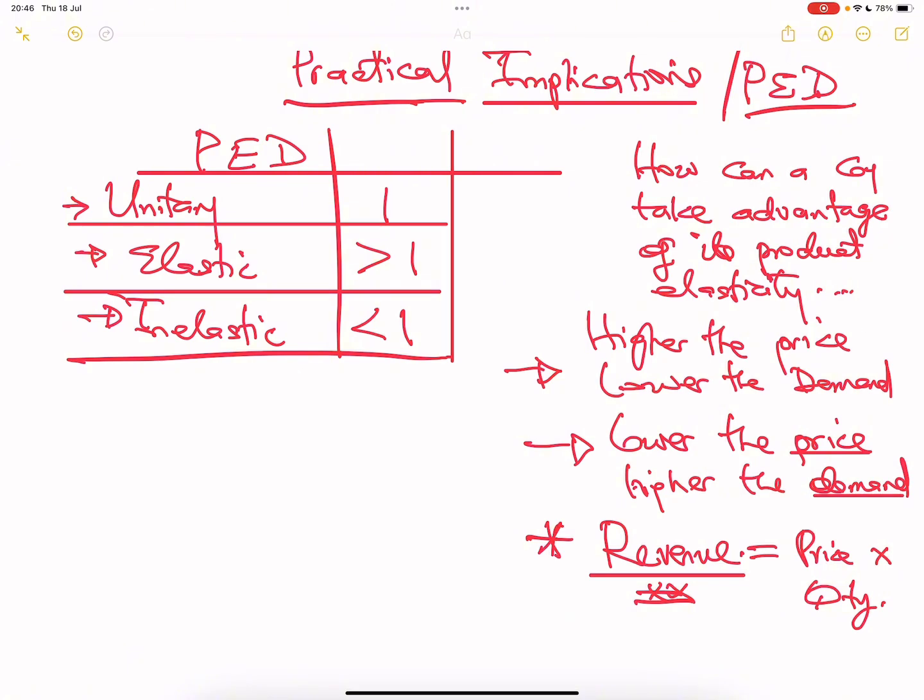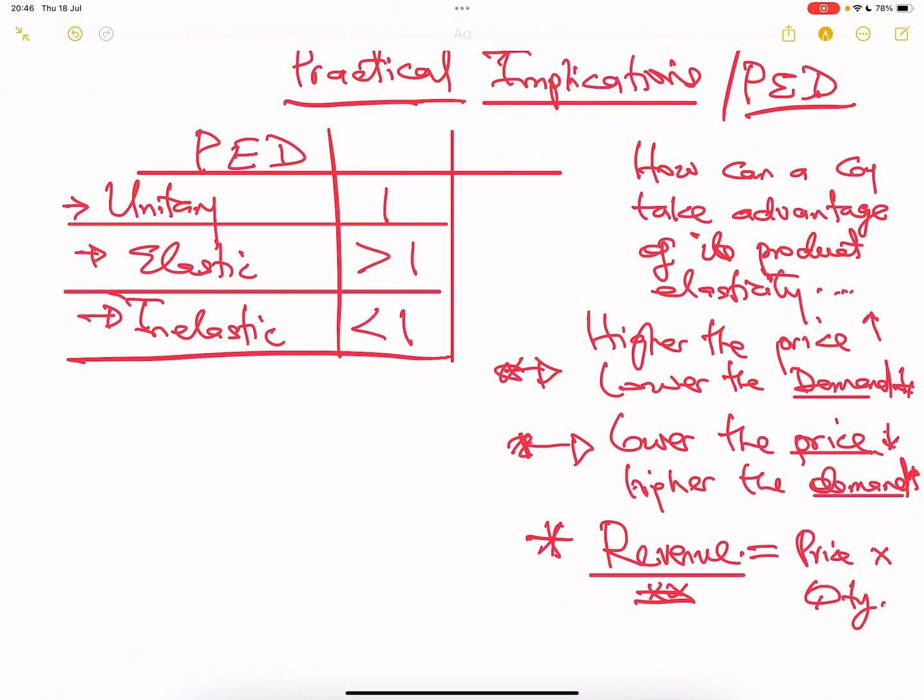So you can see, if price is going up here, demand is coming down. If price is coming down here, demand is going up. The question is, how can the company now maximize these 2 scenarios? What should the company do? Should I be increasing my price, but my demand will come down? Would it affect my revenue if I do that? Or, in order to get customers to buy a lot of my product, maybe I should reduce the price.